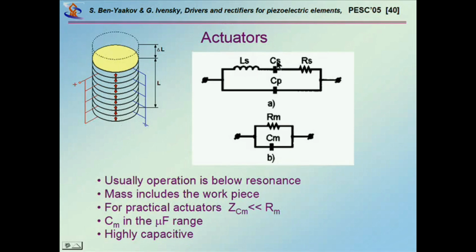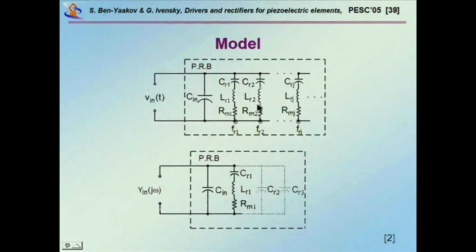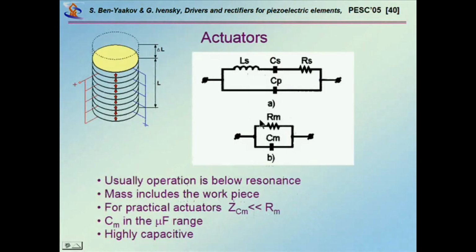You end up with these two elements and this capacitor, and it can then be represented, for a given frequency, as a combination of a capacitor plus a resistor. So for the actuator you have basically a capacitor plus a resistor, which includes both the losses and the actual work you do.